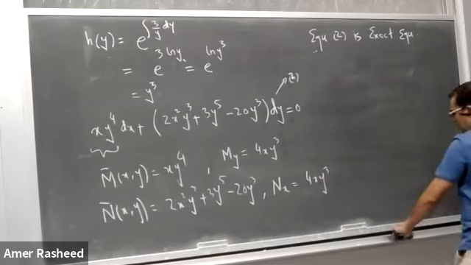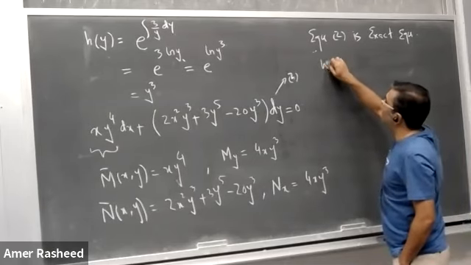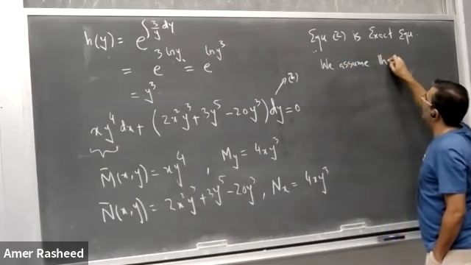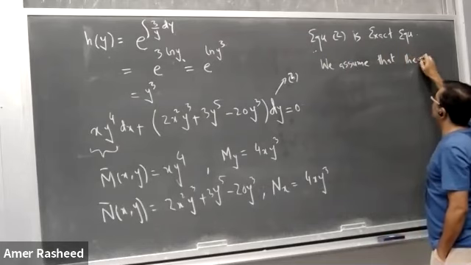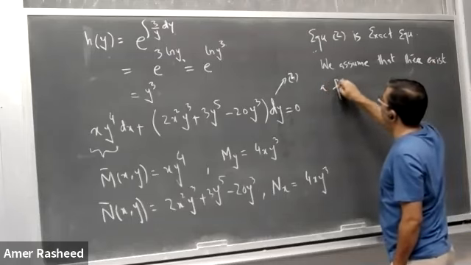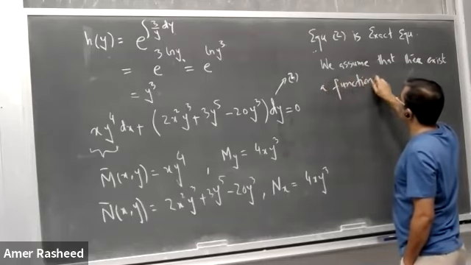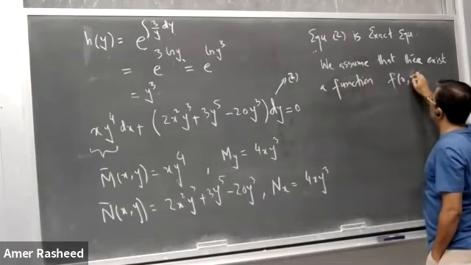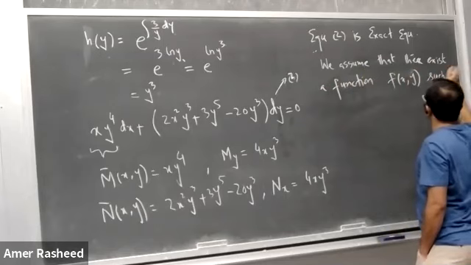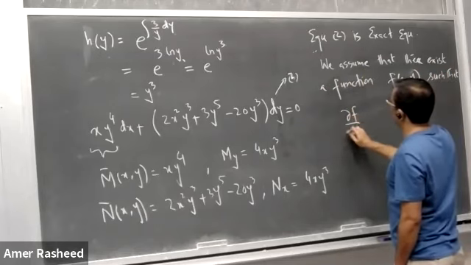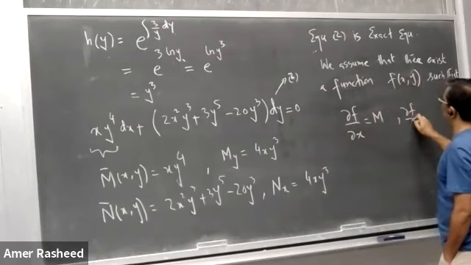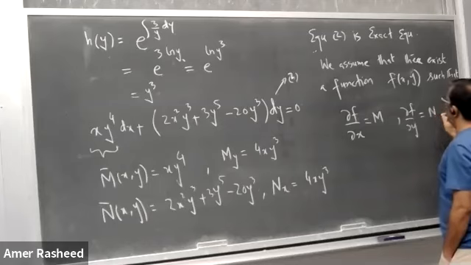In fact, if this is exact, we assume that there exists a function f of xy such that partial f over partial x is equal to M of xy and partial f over partial y is equal to N of xy.